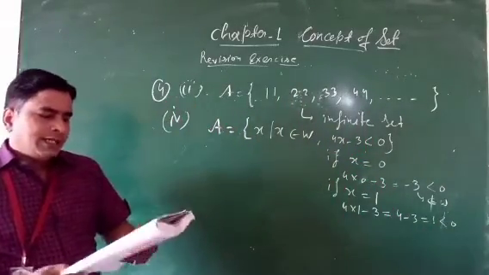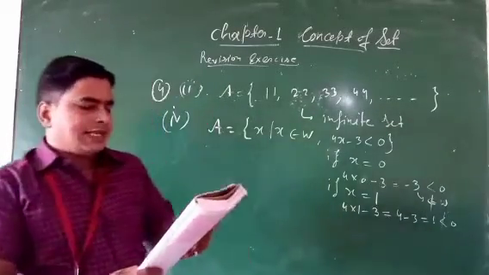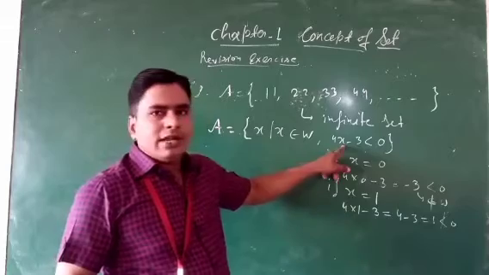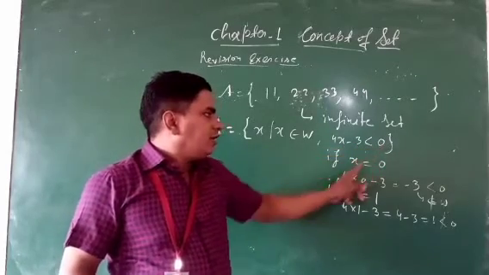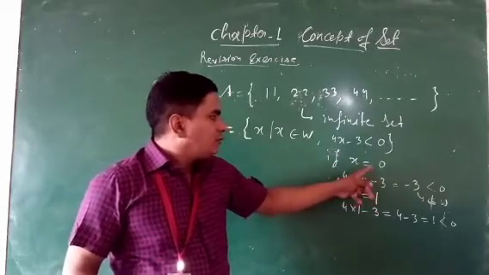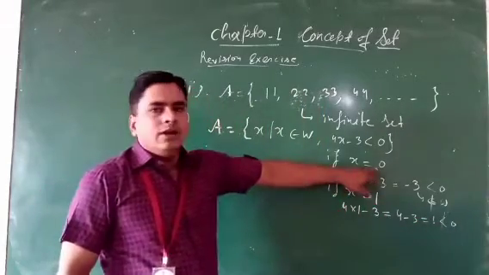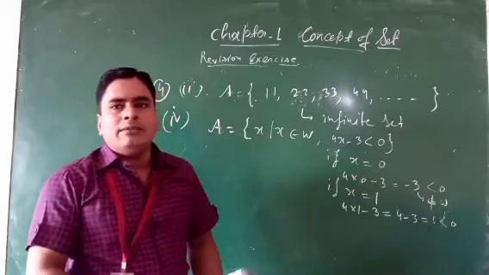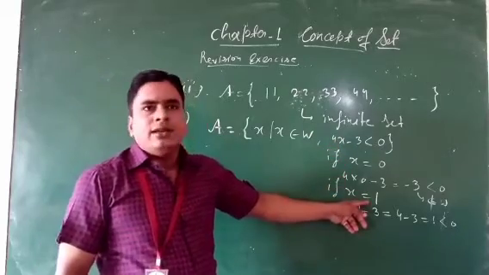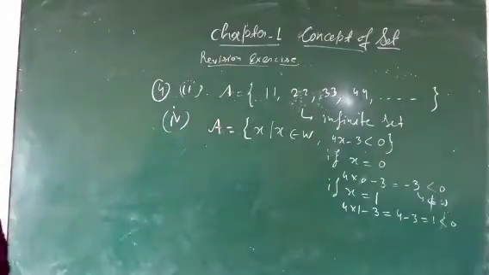It means the fourth one is what? x belongs to whole number, 4x minus 3 less than 0. So here x is equal to 0 works, but for x equal to 1 it is not less than 0. Only one element satisfies this condition.